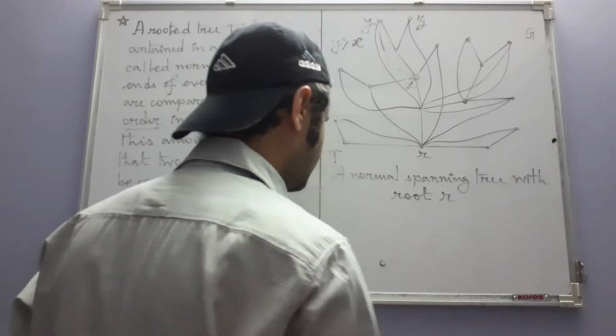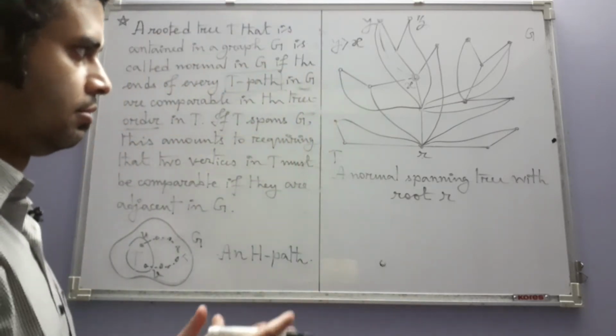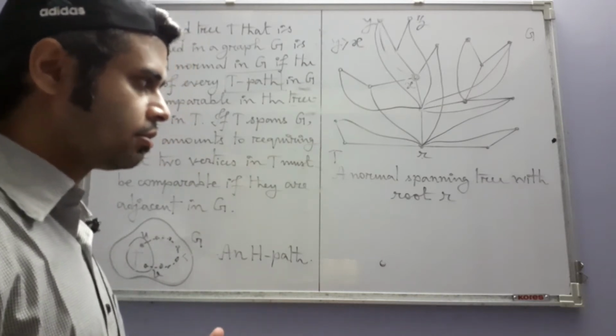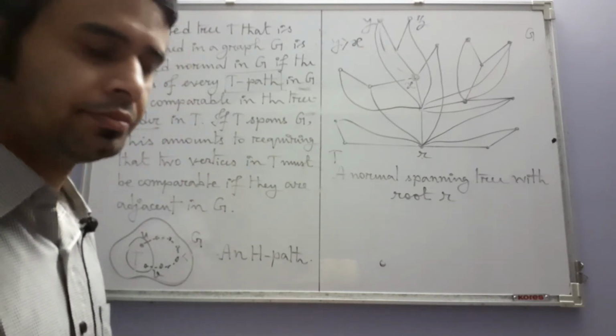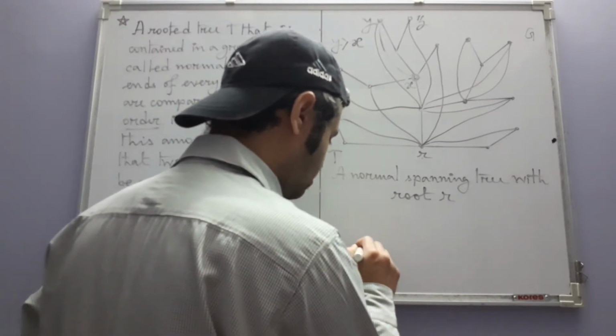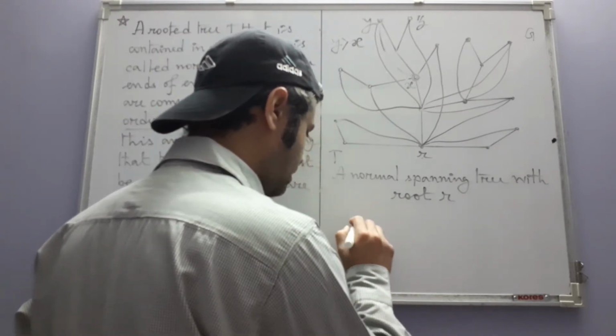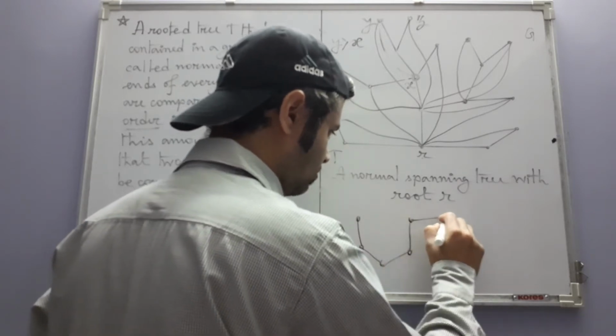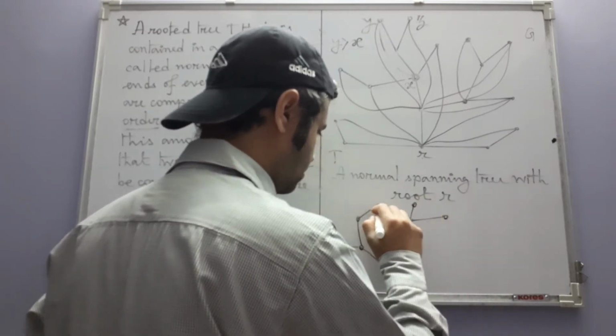Say you think of the tree as a tree that is growing from the root. The branches come out, many different branches come out.